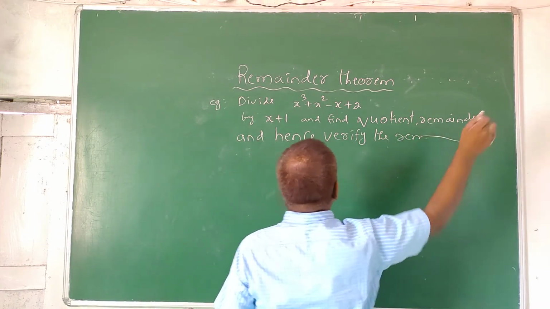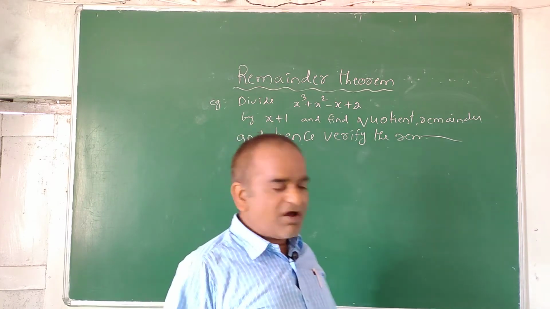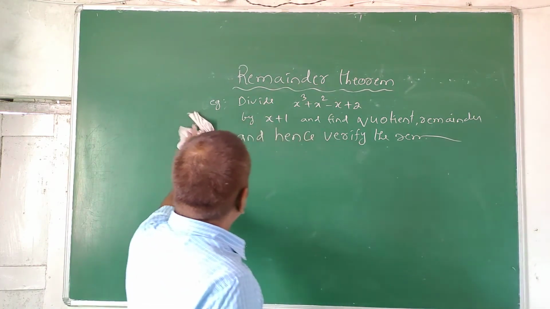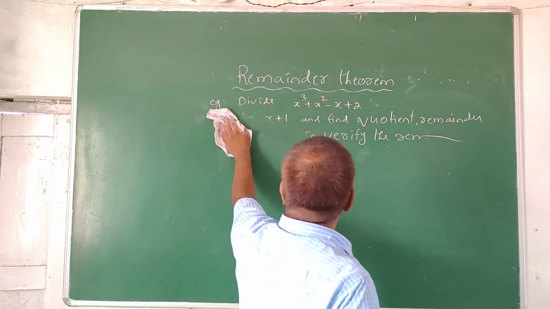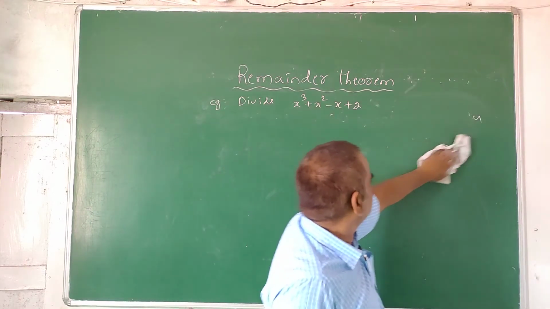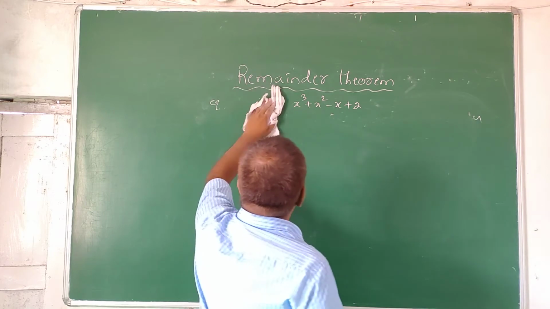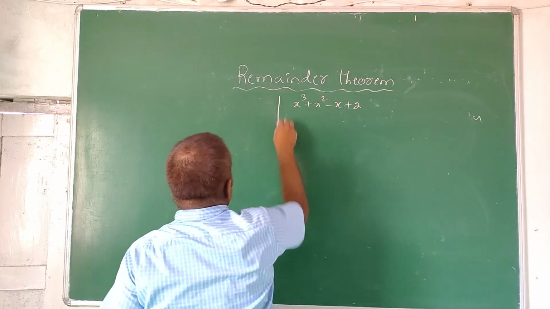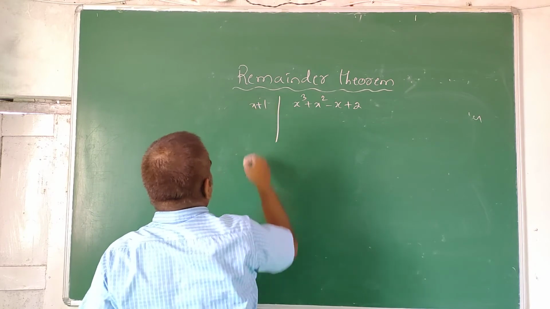Verify the remainder theorem. This is the question. So now we have to actually perform the division. So to solve this question, this has to be divided with x plus 1. So divide this with x plus 1.